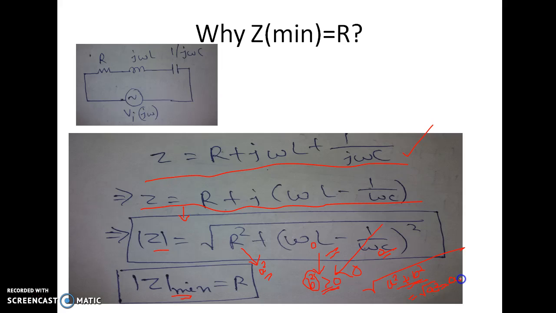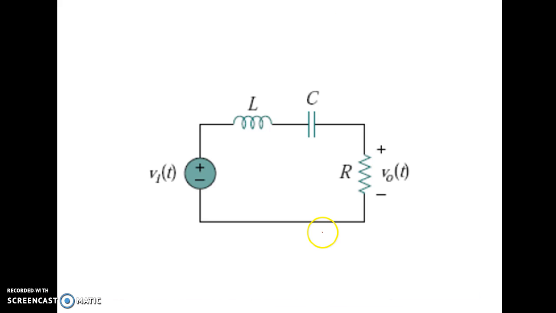Here a is nothing but R. So Z minimum is R, because this whole term can be minimized to 0, not less than that. At the resonant condition, when this whole term becomes 0, we get Z minimum as R. I hope that with this simple concept in mathematics you can clearly interpret why the impedance is minimum at resistance R.